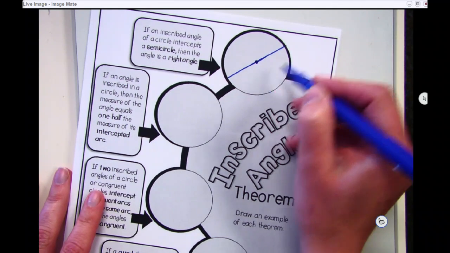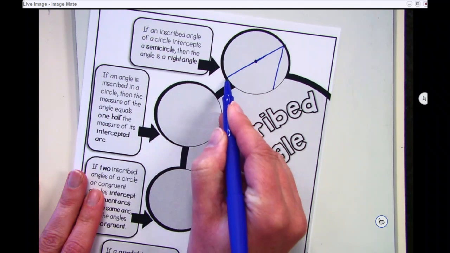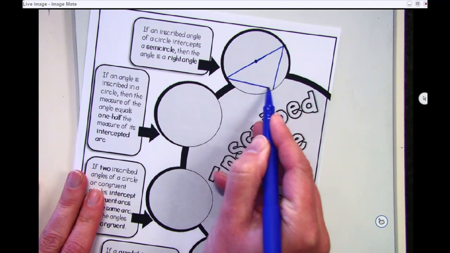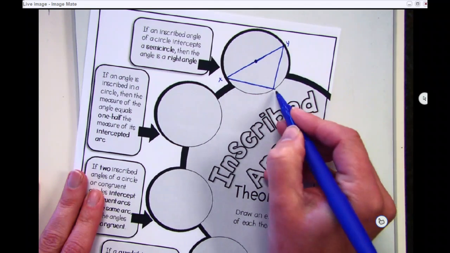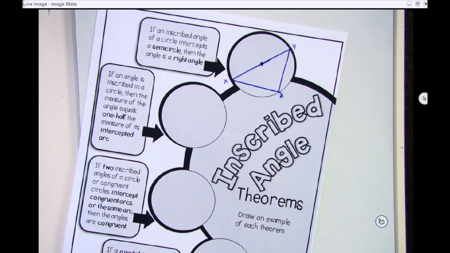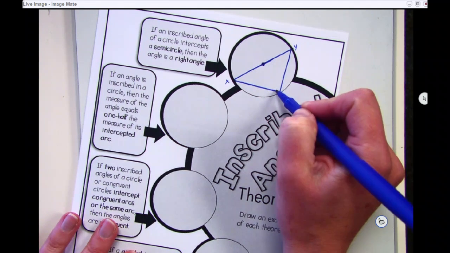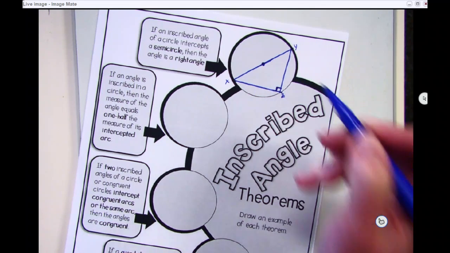And then if I have an inscribed angle, see that angle right there? So X and Y, I guess I should call that Z. So it intersects a semicircle, then right away, you know this guy is 90 degrees.